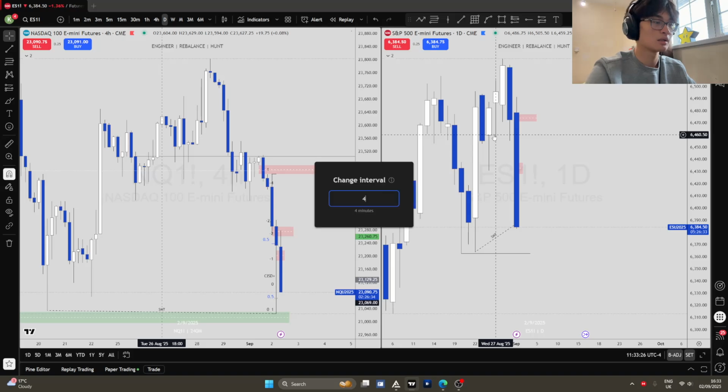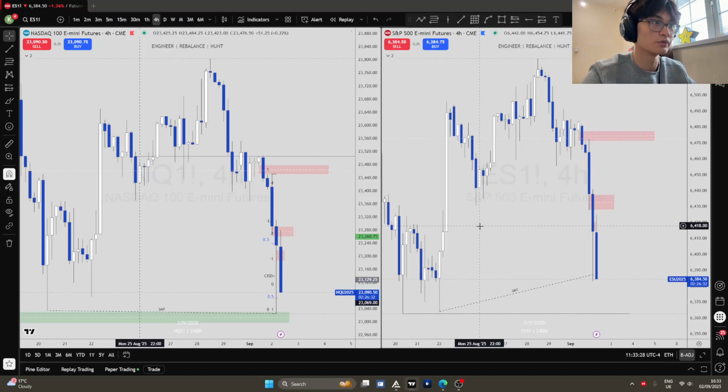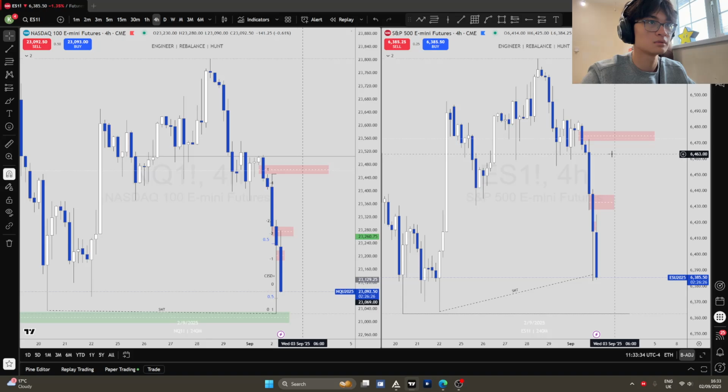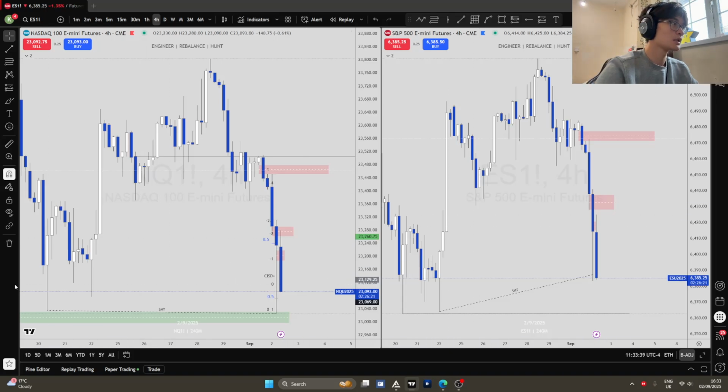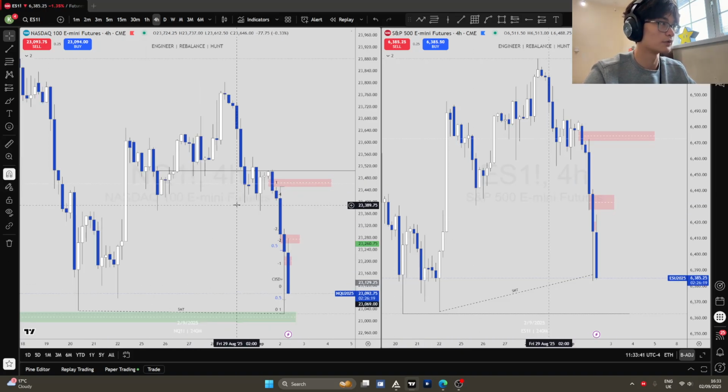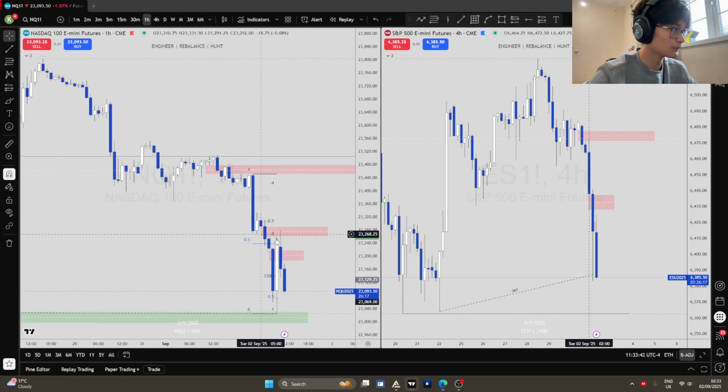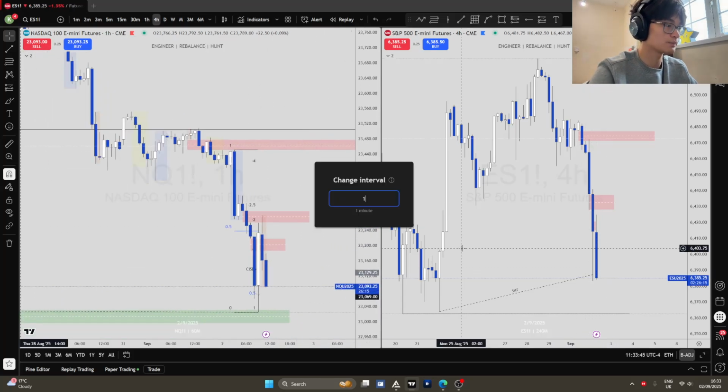I mean, not really that much to go through here actually, but we have the civvy. We also have this civvy here. We also have the civvy that we've already tapped into, but not that much to go through here on the 4 hour other than the overnight dump.